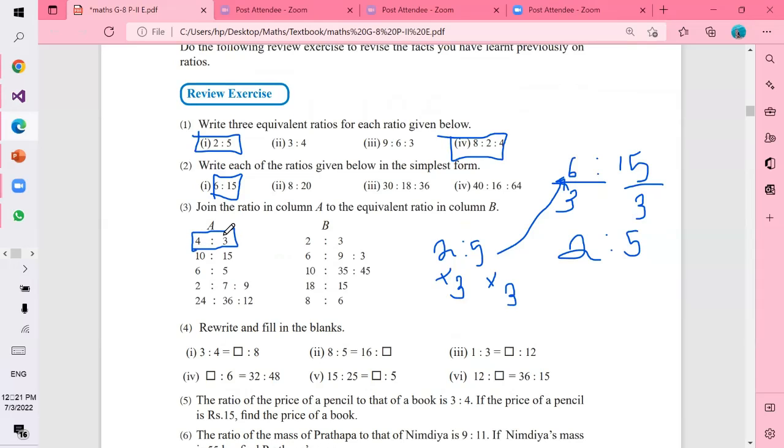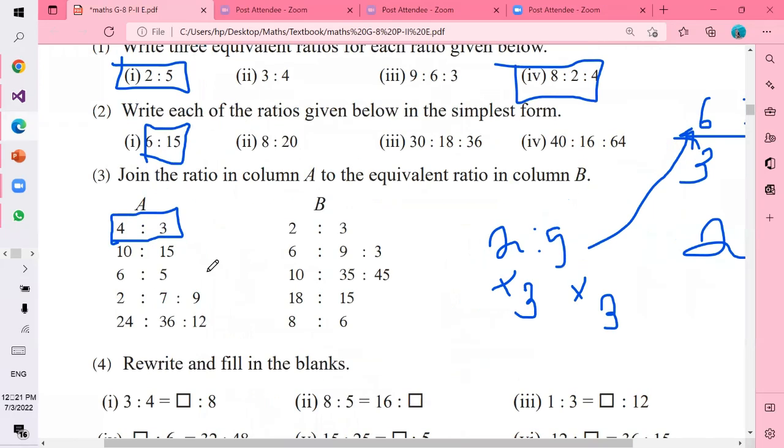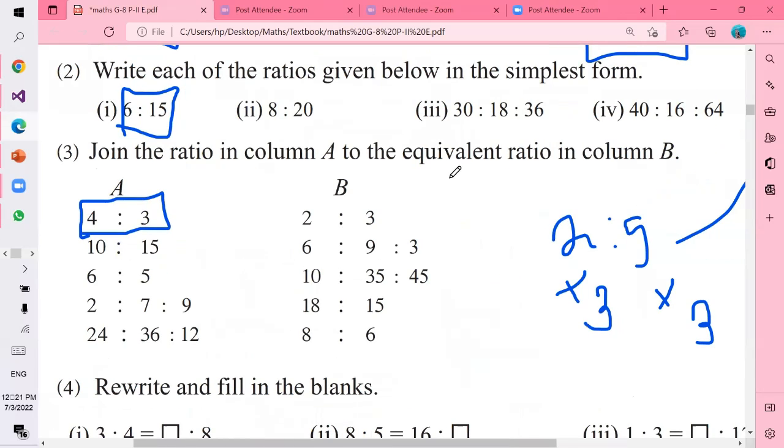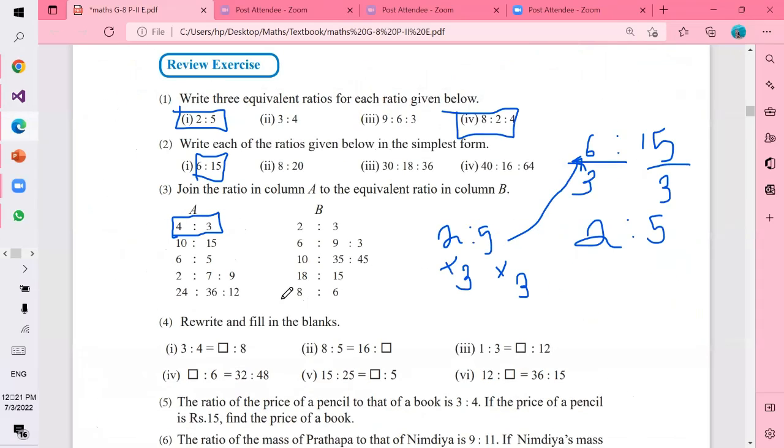Can you tell me the equivalent ratio for 4 to 3 from this column? 8 to 6. 4 times 2 is 8, 3 times 2, yes, it's correct.